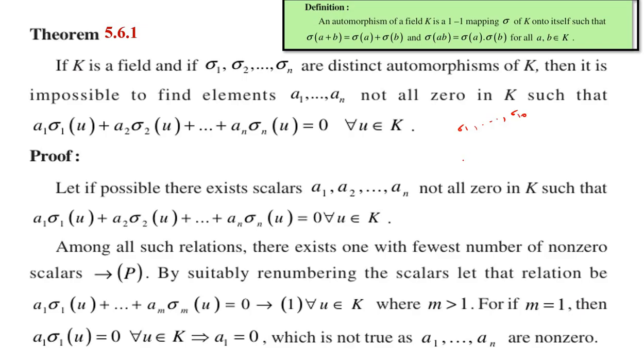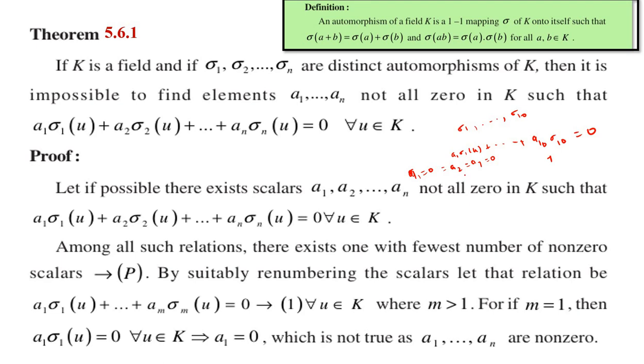Then I have a relation, say a1 sigma 1(u) plus and so on plus a10 sigma 10(u) equals 0. Here we have to take the one with the fewest number of non-zero scalars. Suppose a1, a2 and a7 are 0, so three scalars are 0 here. How many are non-zero? There are 7 non-zero scalars. And suppose I do not know what relation I will have.